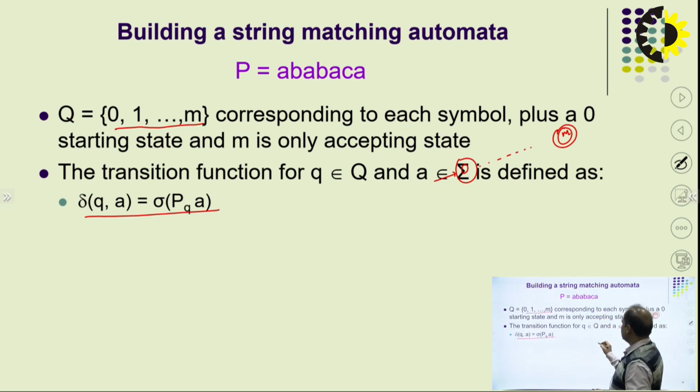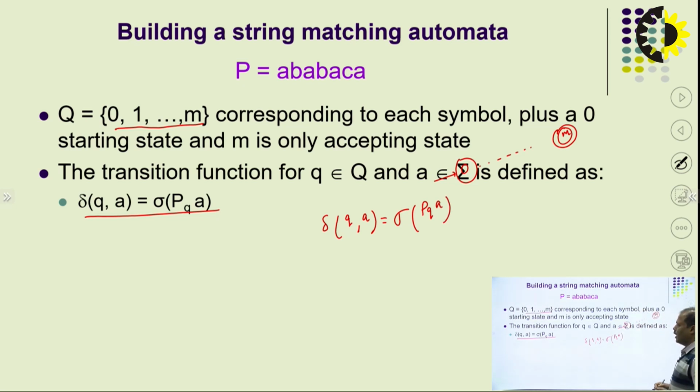If we are interested in the transition from a particular state on a particular input, we have to apply this formula, delta of q comma a. For an input a, the value of delta of q and a is basically sigma of P q a.